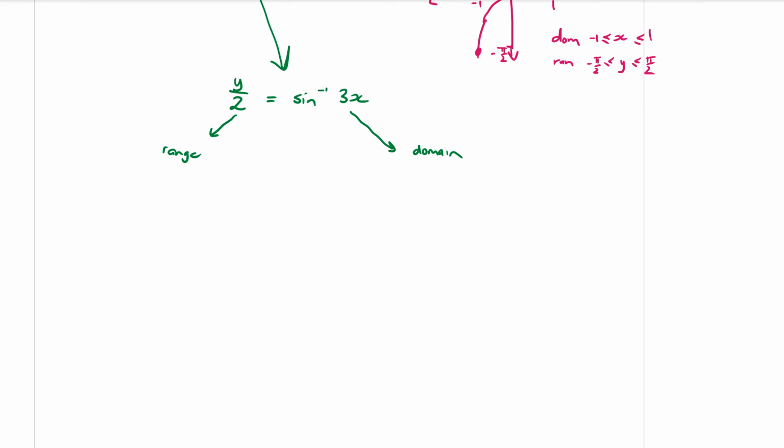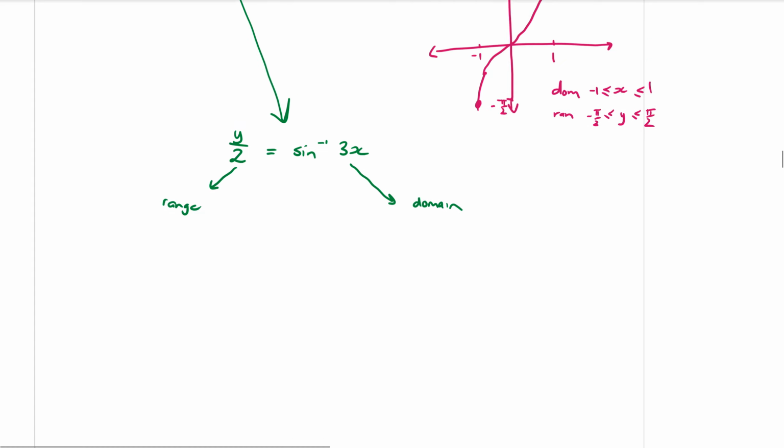Now, how do they do that? All right, let's start with the domain. The domain of my original function, my basic one, was between -1 and 1. That means that this 3x, I have a 3x instead of an x, is going to be between -1 and 1.